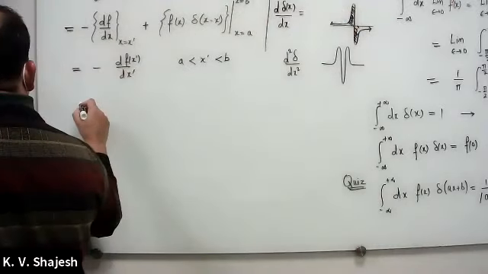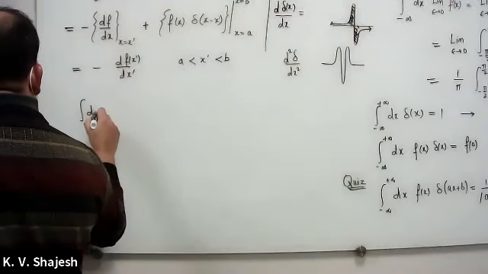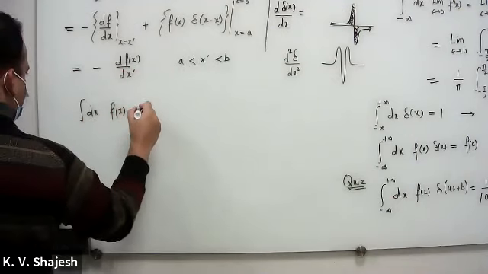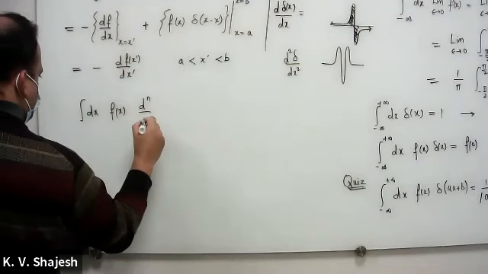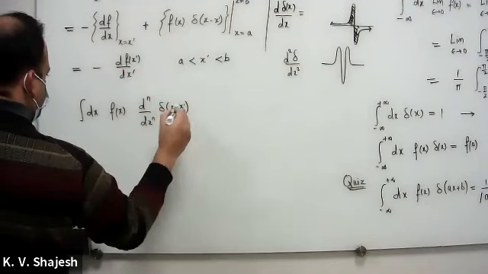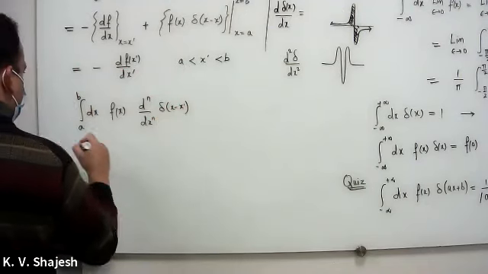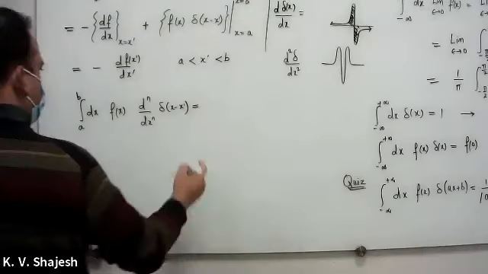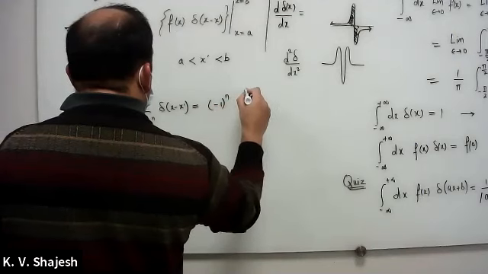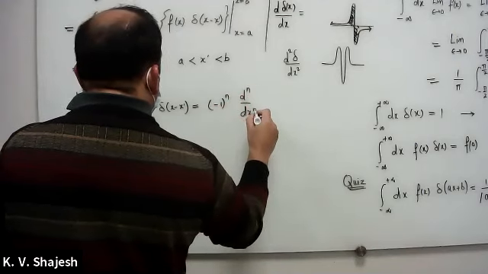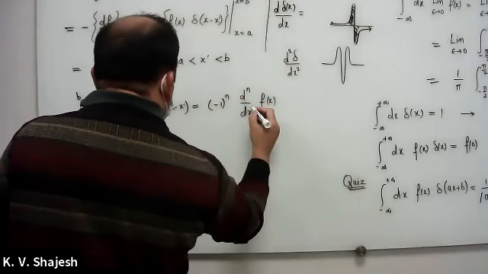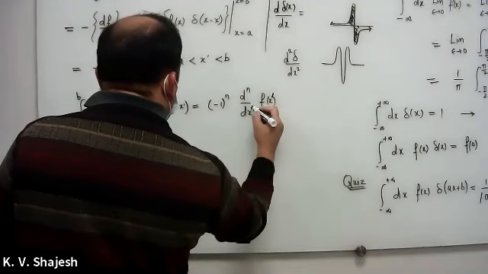So in general, we could generalize this very easily and say you have more derivatives: d^n over dx^n of delta of x minus x prime, from a to b, would be equal to minus 1 raised to n times d^n over dx^n of f of x. Oh, I should say f of x prime, because it's evaluated at x prime.